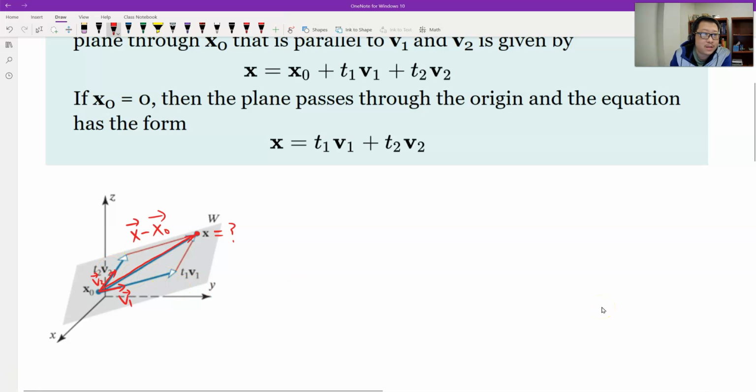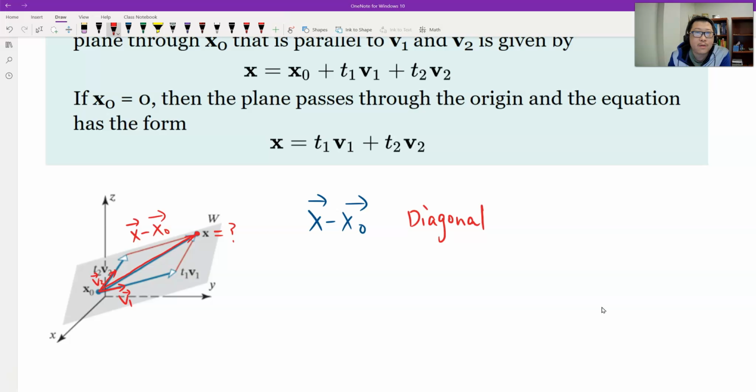Okay, so let me write. Because x minus x0 is the diagonal of this parallelogram we constructed, this diagonal should equal the sum of the other two sides.